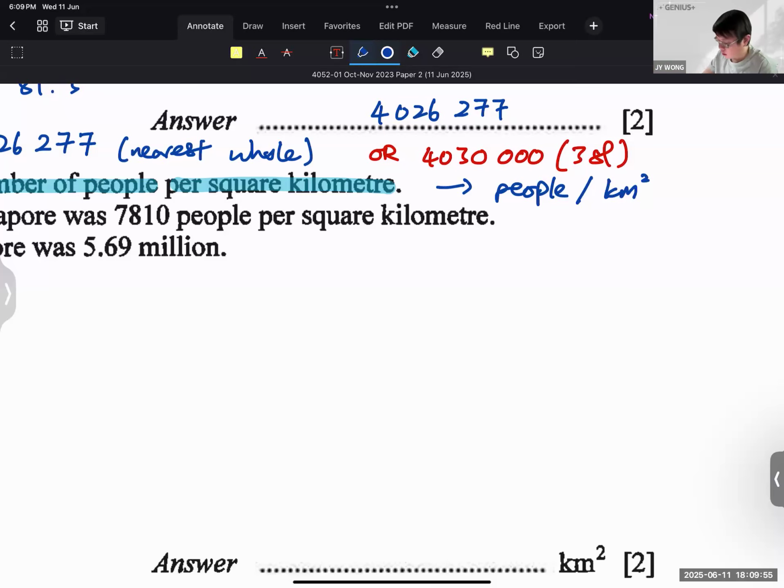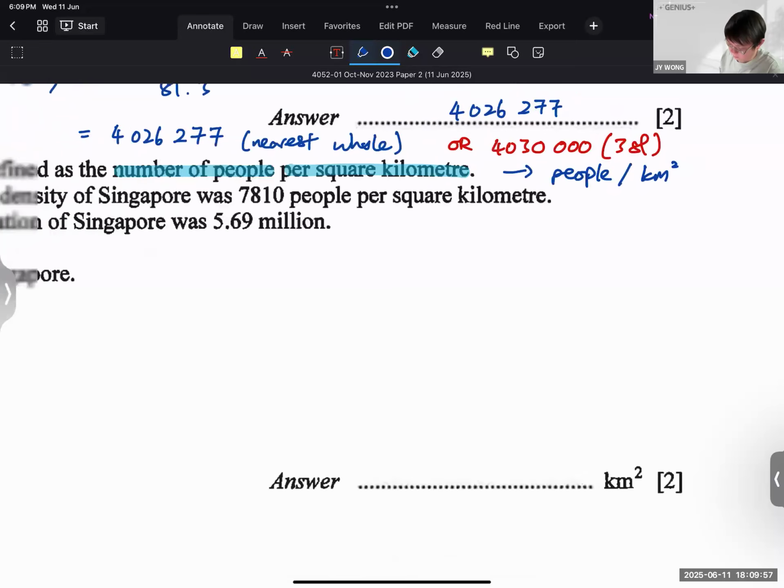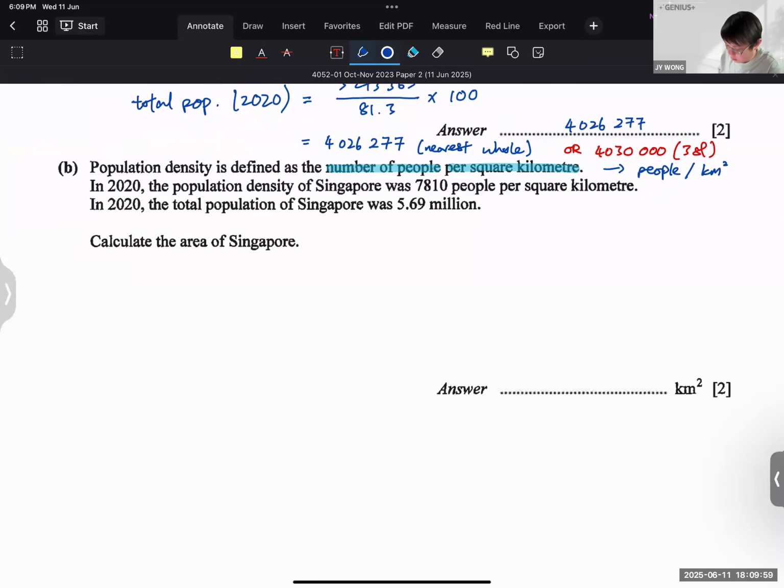Therefore, if you look at this, right, 7810 people per km square is obviously equal to your population, right? Because people here clearly is a numerator, which is 5.69 million. So you can just write 5.69 times 10 to the power of 6 over your square kilometers.